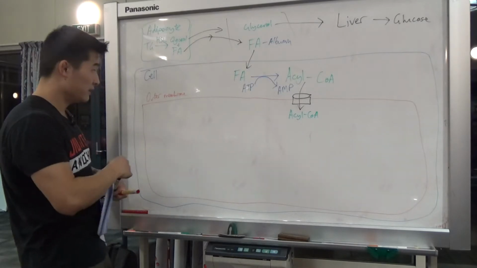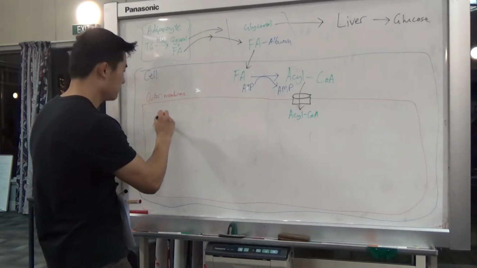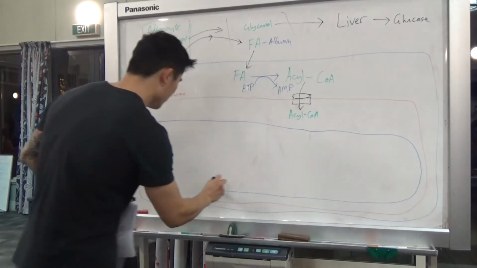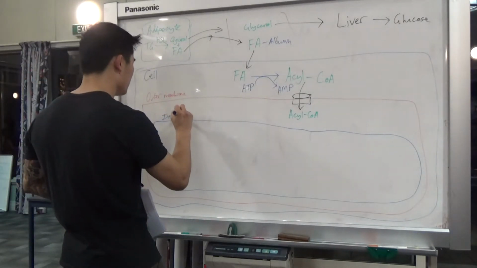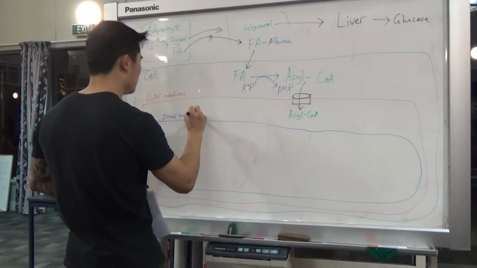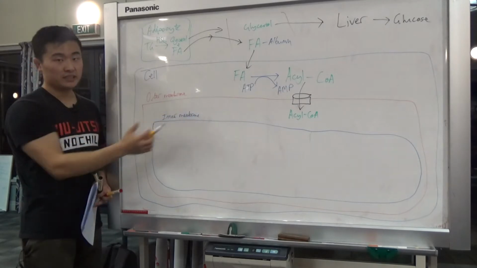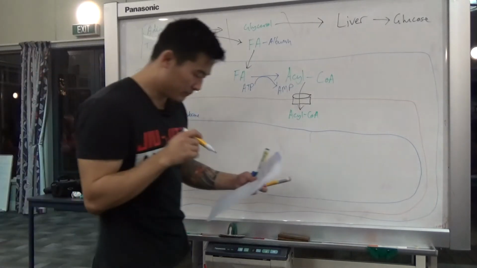And this is our inner membrane. Okay. So the space in between the outer and inner membrane is called the intermembrane space. I'm sure you guys know that, but just making sure.